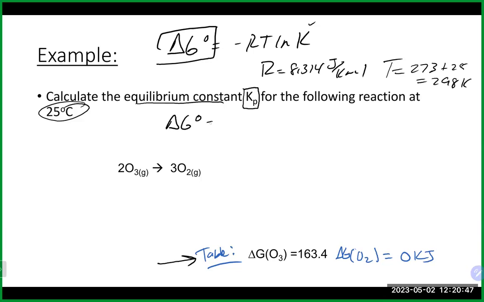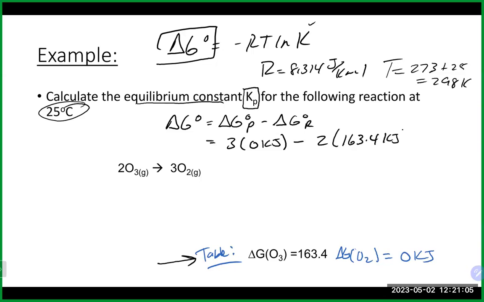So our delta G here, delta G of our products minus our reactants in this case. Starting on our product side, we have 3 times 0 for the value there of O2, minus on the reactant side 2 times 163.4.